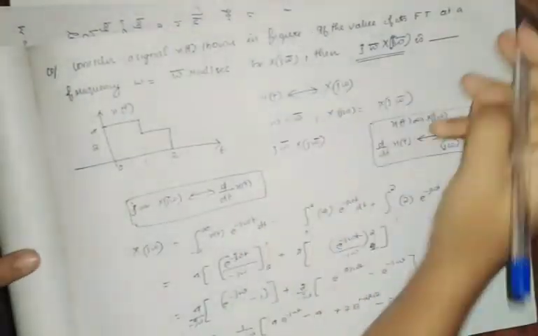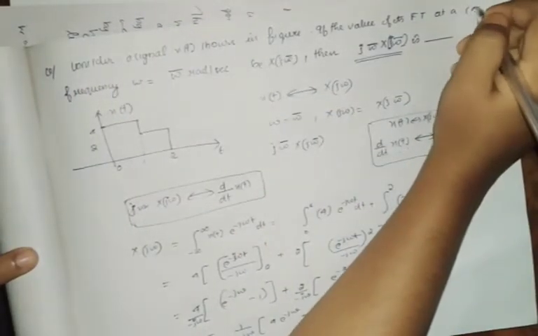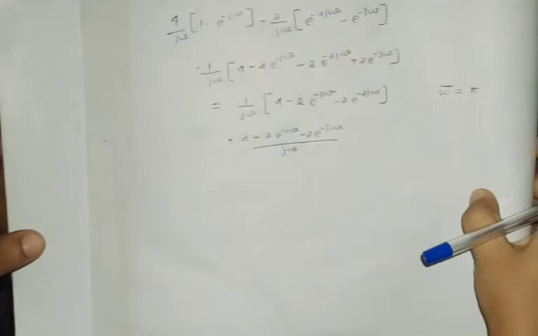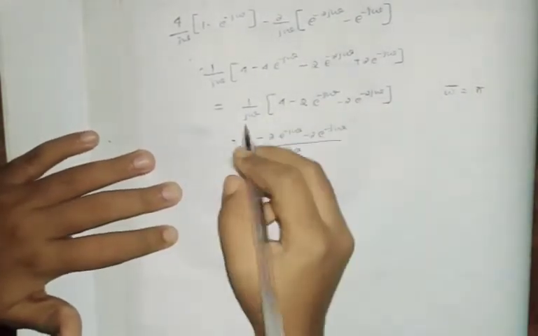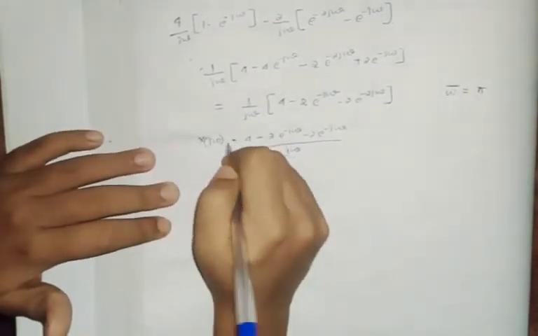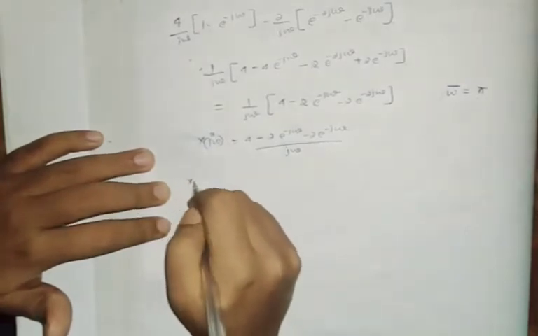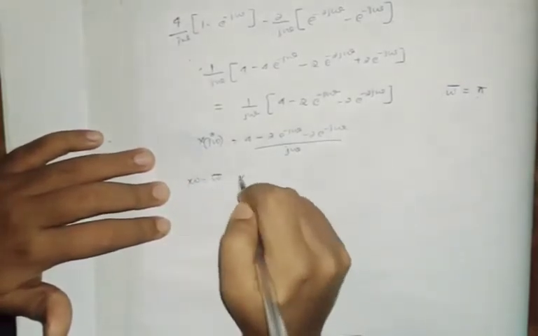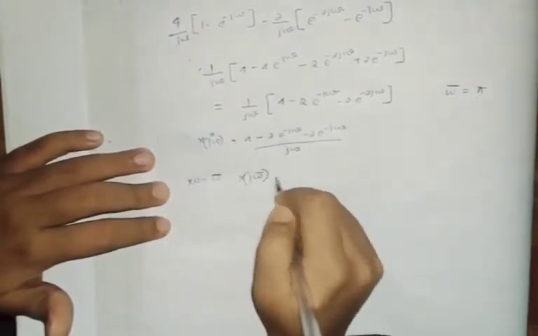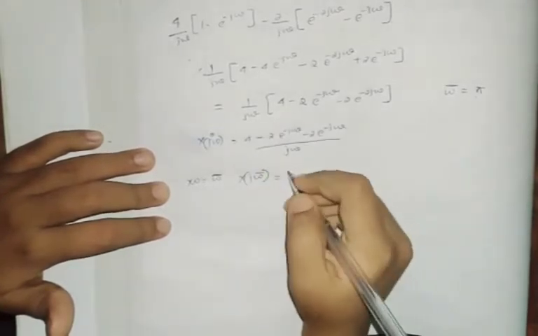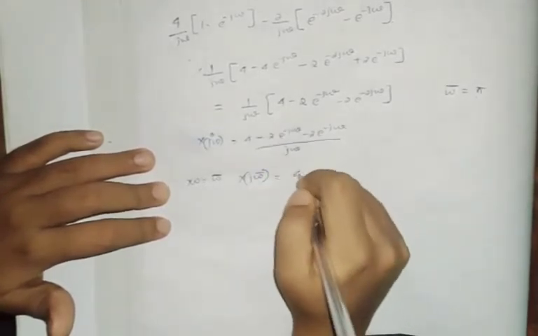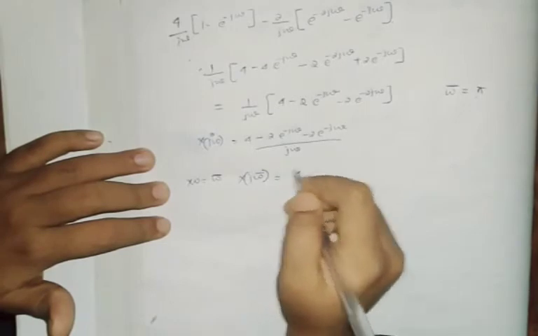This omega dash is equal to pi. So we are taking it that at omega dash, this is x of j omega, and in the question it is given that when omega is equal to pi, it becomes x of j omega. So x of j omega dash is equal to, instead of omega dash we are going to write pi.